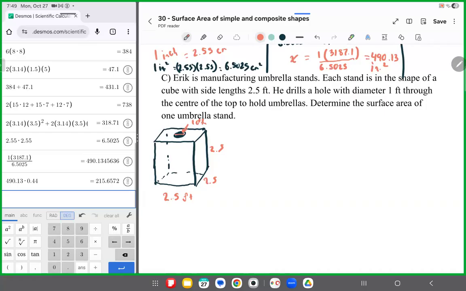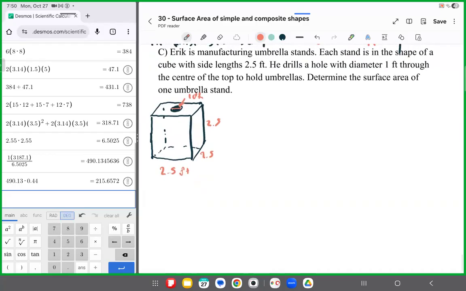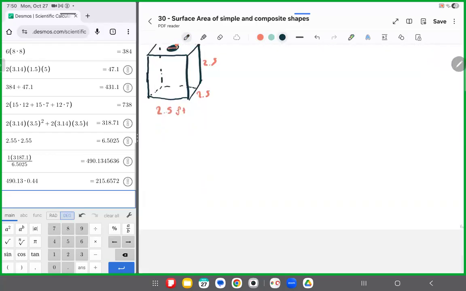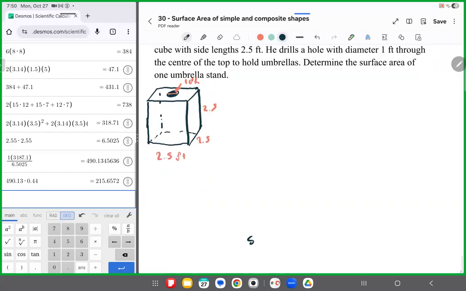Okay. So we need to figure out what the surface area of this whole thing is. So this looks like the surface area of a rectangular prism minus the area of the circle. And so we'll write it down here. The surface area total will be equal to the surface area of the cube minus the surface area of just the circle, right?